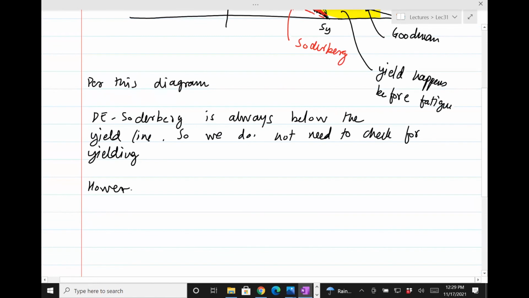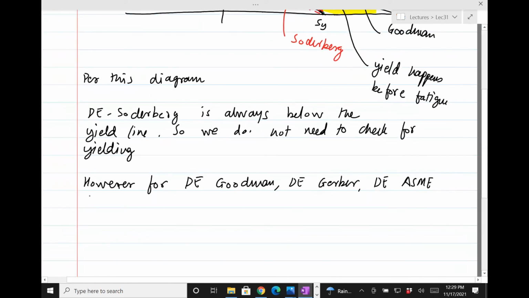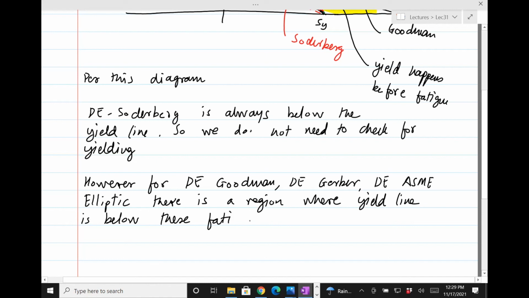However, for the Goodman and the Gerber and the ASME elliptic, there is a region where the yield line is below these fatigue failure lines.